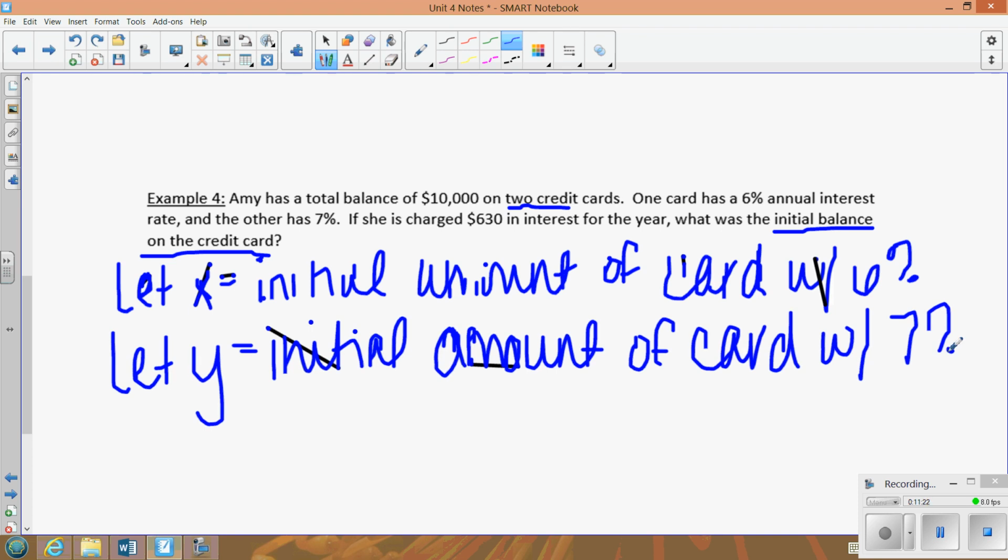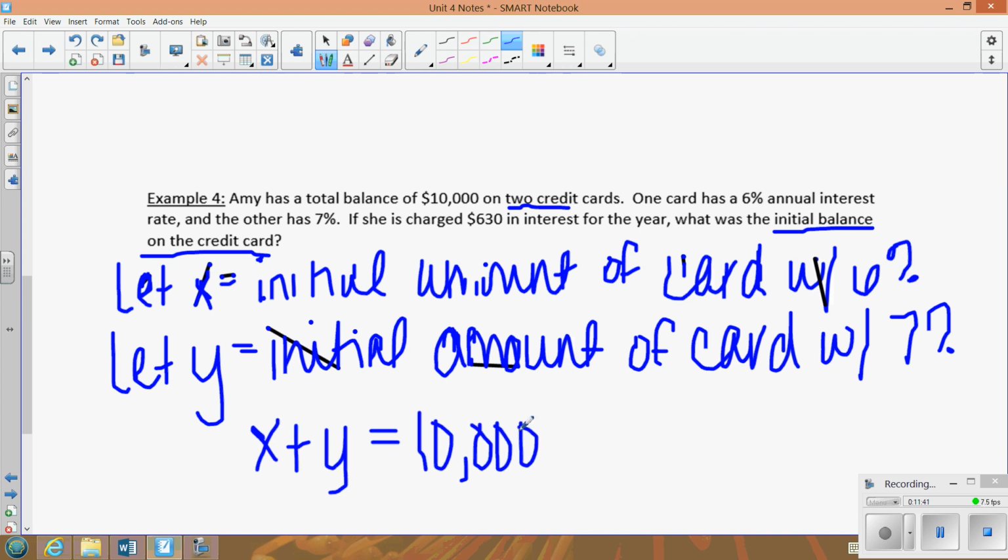So she has a total balance of $10,000, which means on the 2 cards added together, the total is $10,000. So that means X plus Y, so the initial amount from each card has to total $10,000.